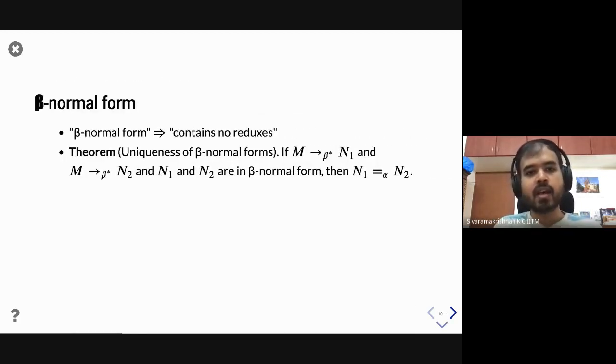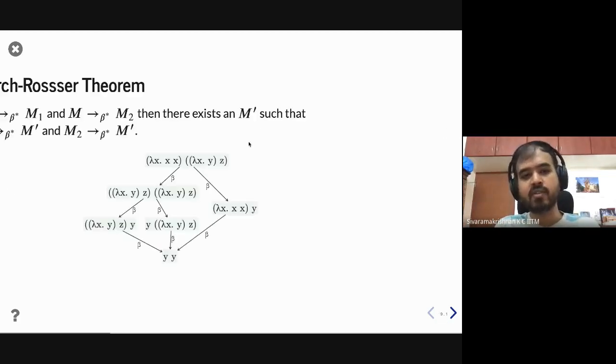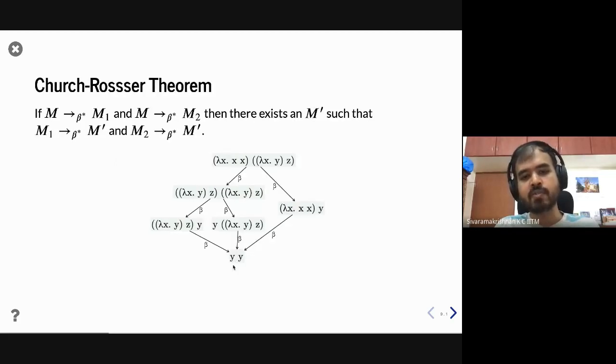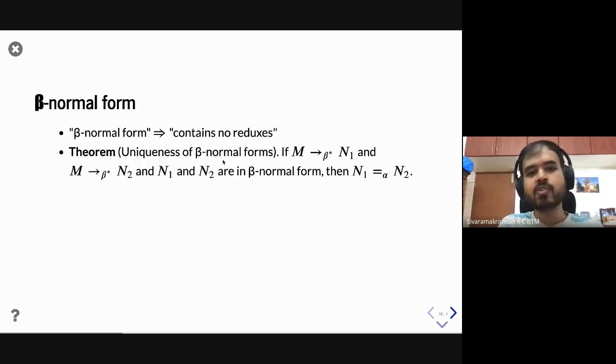Again, beta normal form. We briefly mentioned beta normal form. What is beta normal form? It doesn't contain any redexes, so you cannot reduce it anymore. An example of a beta normal form is this one. There is no way to reduce this term. So we say we've reached a beta normal form, and thanks to the Church-Rosser theorem, we have the property that if you reach a beta normal form, then the beta normal form is unique.